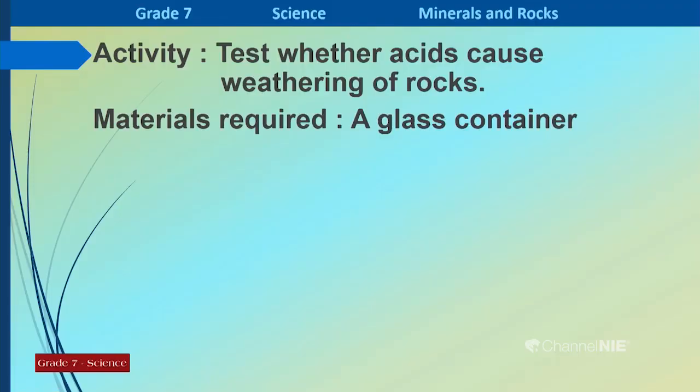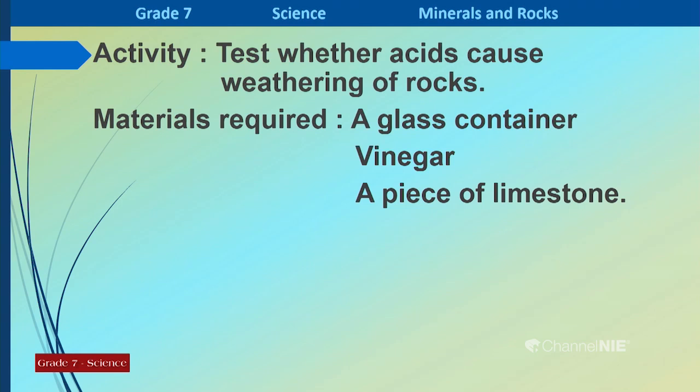The materials required for the activity are a glass container, we can use a beaker or a drinking glass. Then vinegar. Vinegar is a substance that contains acid, right? So, we can consider vinegar as an acidic substance.